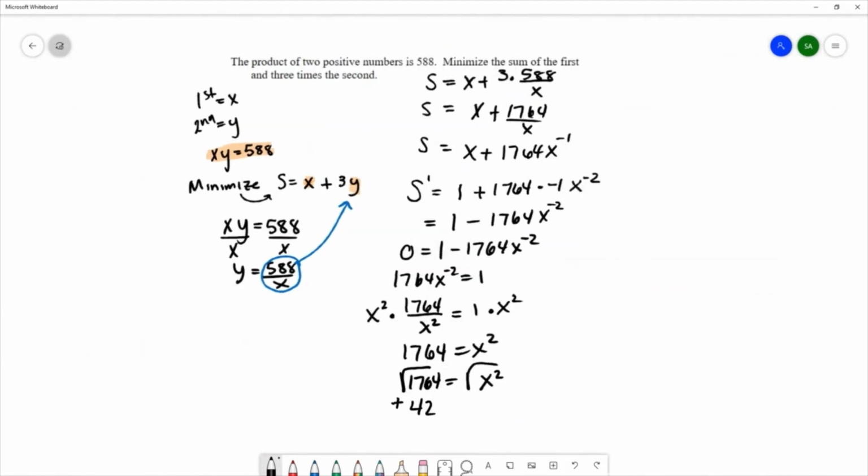We get a plus or minus 42. And going back to the original problem, it says the product of two positive numbers, so I can eliminate the negative number from our discussion. We're only going to focus on a positive 42.